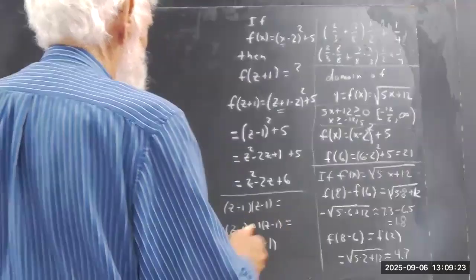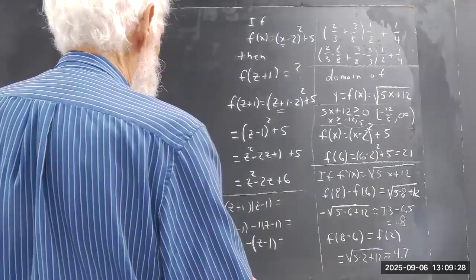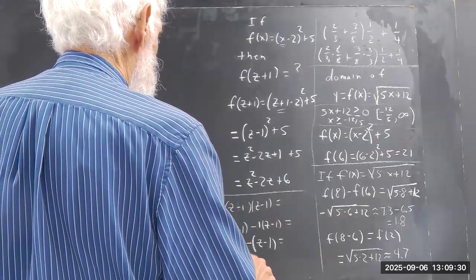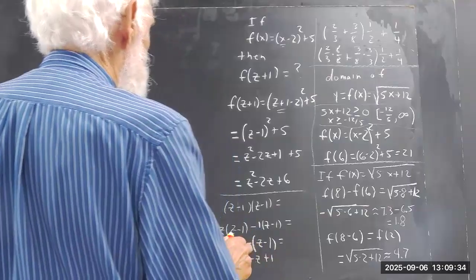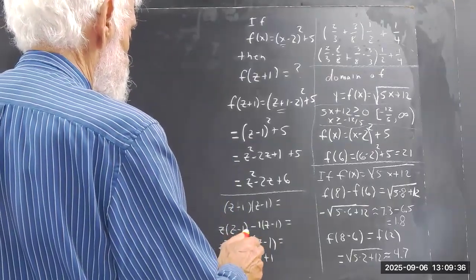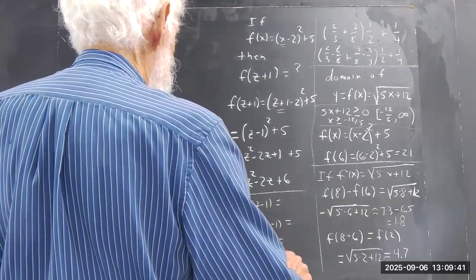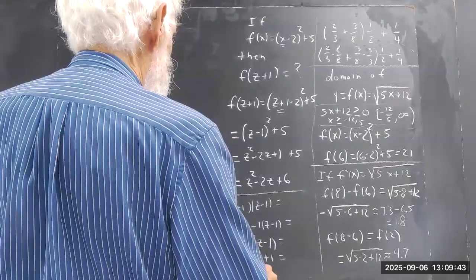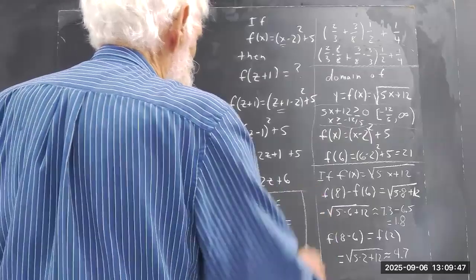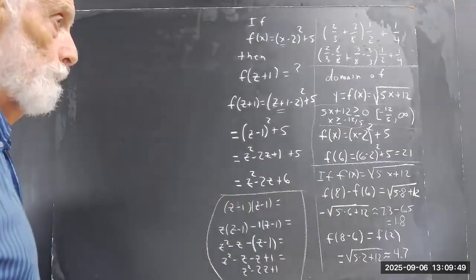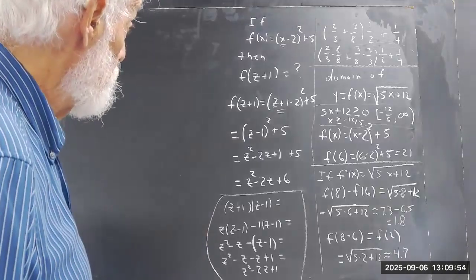Of course, 1 times z minus 1 is just z minus 1. And that equals z squared minus z plus 1. Minus z minus 1 is minus z plus 1. And that equals z squared minus 2z plus 1. I throw that in because that ought to jog your memory about something you might well have forgotten if it's been a few years since you had a math course.